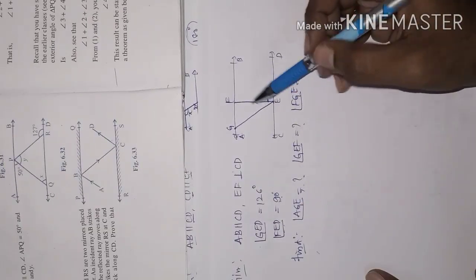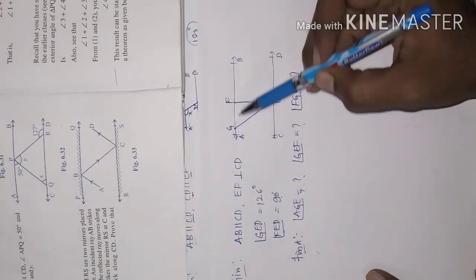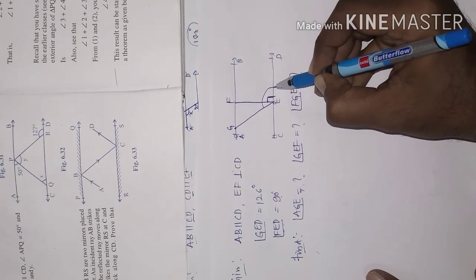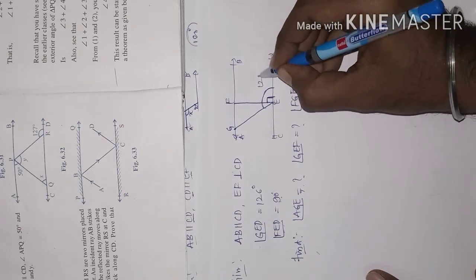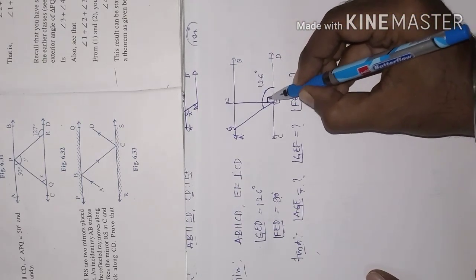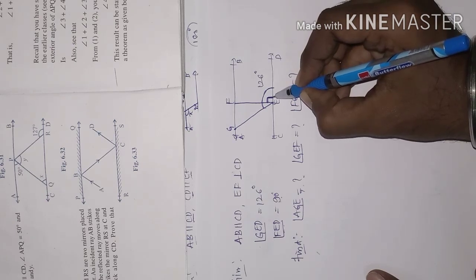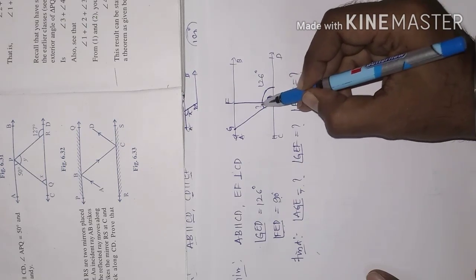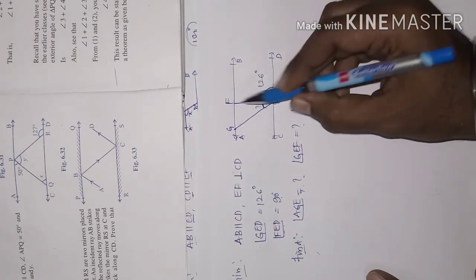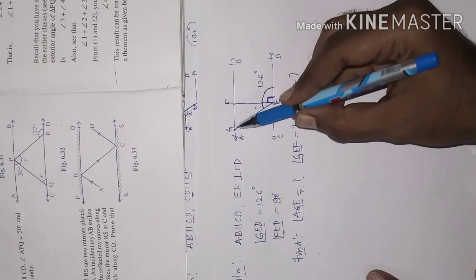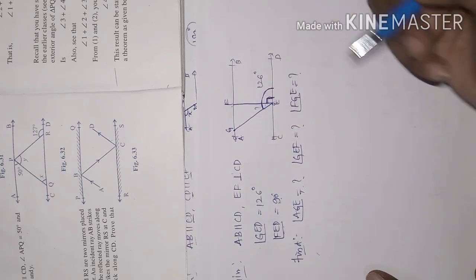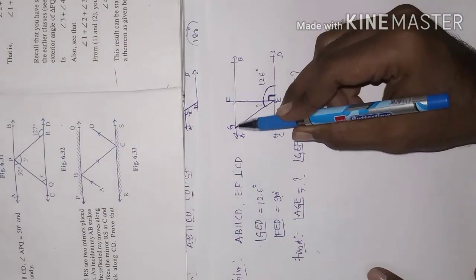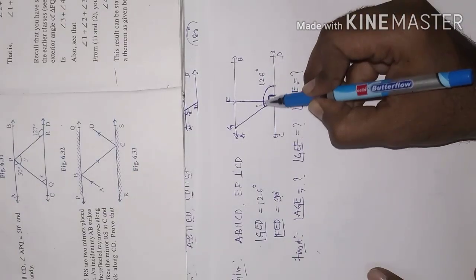As we know, angle GED is equal to 126, this complete angle is 126, and this much we know is 90 degrees. Then how much will be this part, GEF? That we should also find. This angle GED is equal to 126.